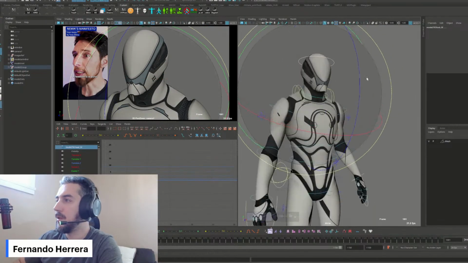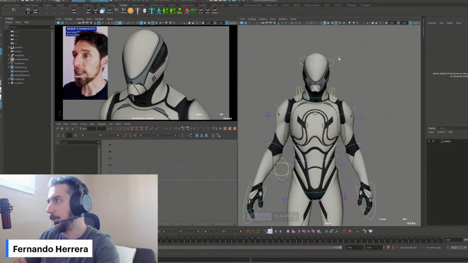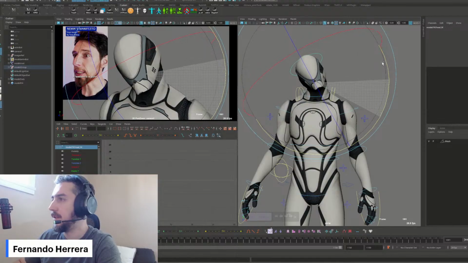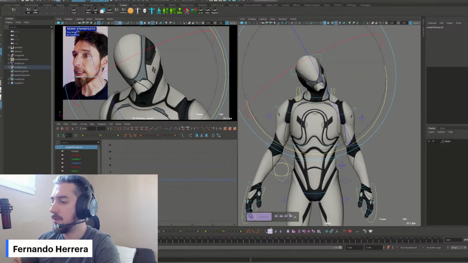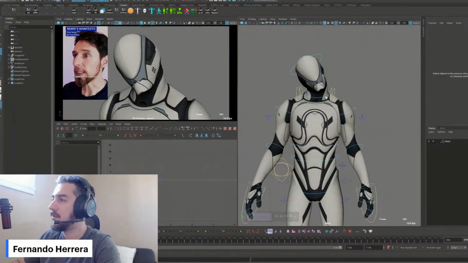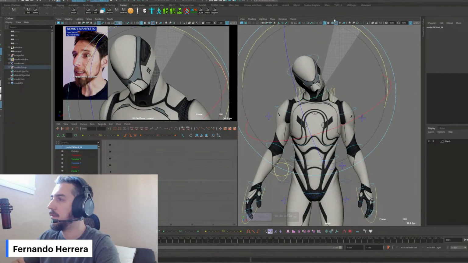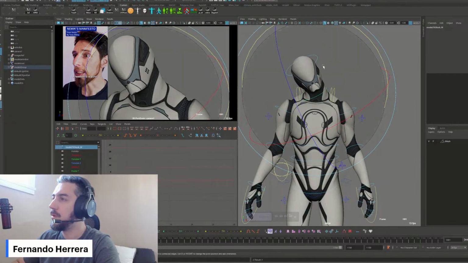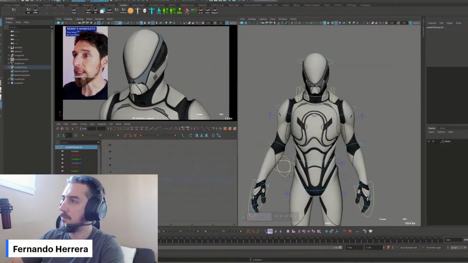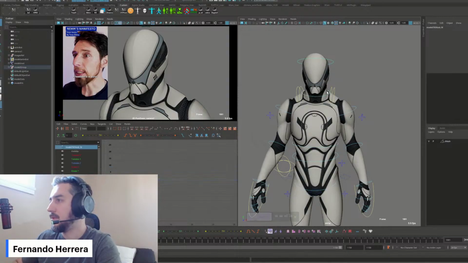But anyway, the head rotation here, if I did it like this, it's not the right thing, right? Because whenever I do this, the whole neck bends to the side. So this is the more natural way of bending the neck.